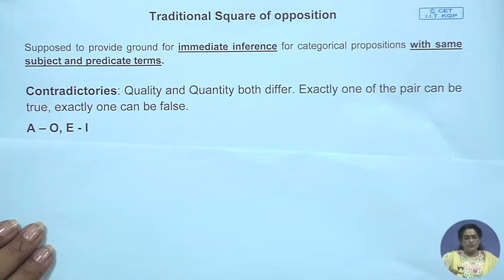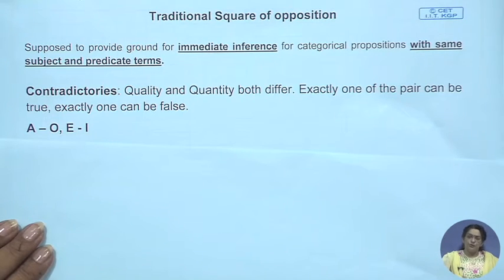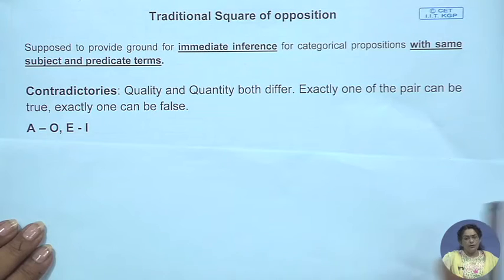What follows from that is that exactly one of them can be true at one time and exactly one can be false. Get me? So, if you know one of them is true, you can immediately infer what? The other one must be false, right? Or if you have the information that one of them is false between these two pairs, you know the corresponding contradictory will have to be true.